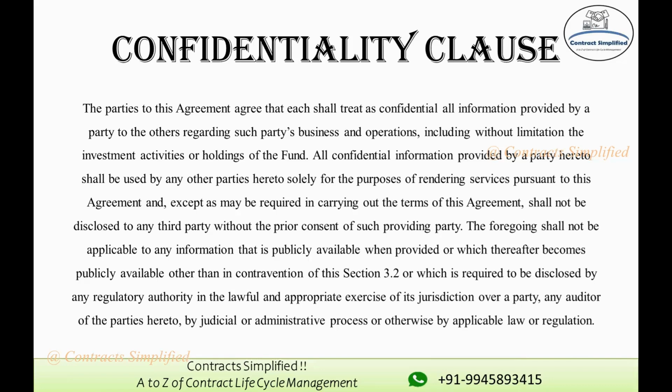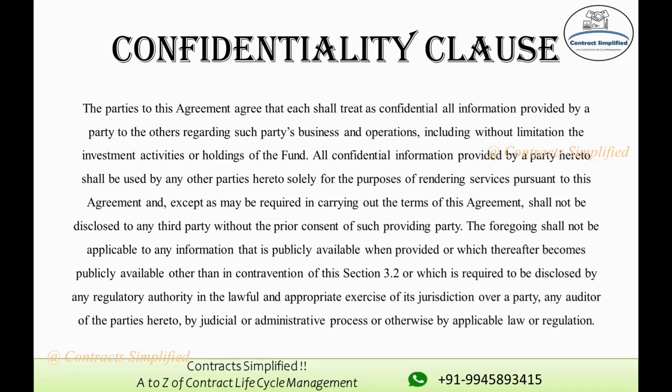The foregoing shall not be applicable to any information that is publicly available when provided or which thereafter becomes publicly available other than in contravention of section 3.2 or which is required to be disclosed by any regulatory authority in the lawful and appropriate exercise of its jurisdiction over the party, any auditor of the parties thereto, by judicial or administrative process, or otherwise by applicable law or regulation.